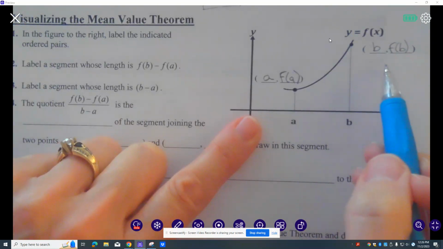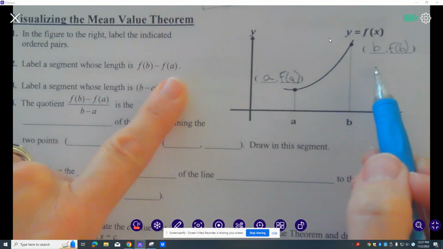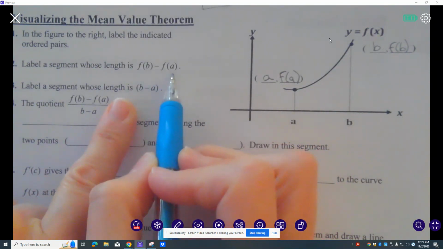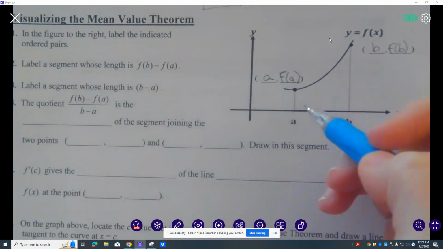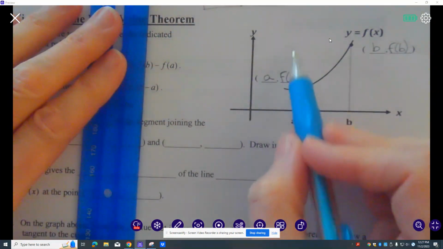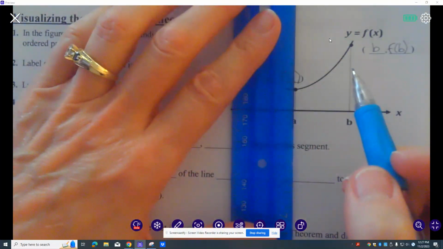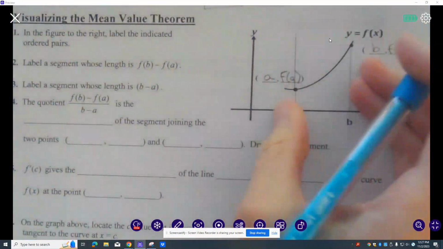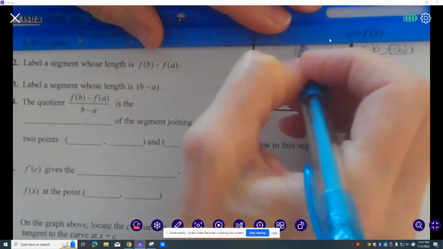So that's number 1. Number 2, it says label the segment whose length is b minus a. Label the segment whose length is f of b minus f of a. So here's f of b, here's f of a. The segment whose length is f of b minus f of a, I'm going to kind of make a box here, going from there to there.